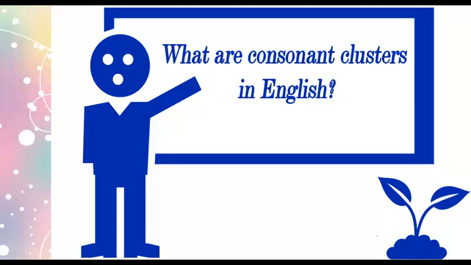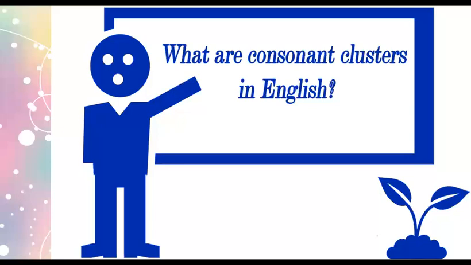So what is a consonant cluster? A consonant cluster or a consonant sequence or a consonant compound. Three of them are the same thing. It can be called by any of the three names: either consonant cluster or consonant sequence or consonant compound. And what is that? It is a group of consonants which have no intervening vowel.